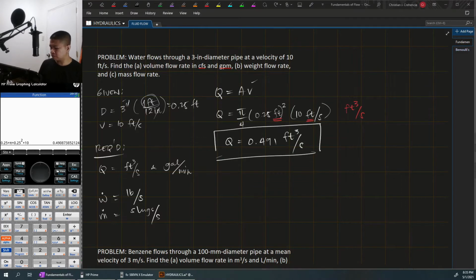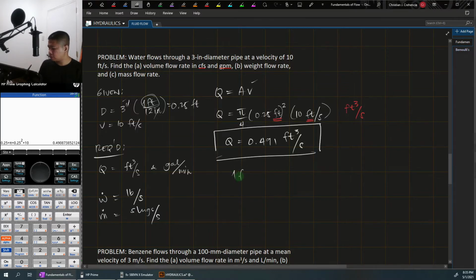Okay, so in terms of gallons per minute, may conversion tayo na for every 1 cubic foot, this is equivalent sa 7.48 gallons. Okay?